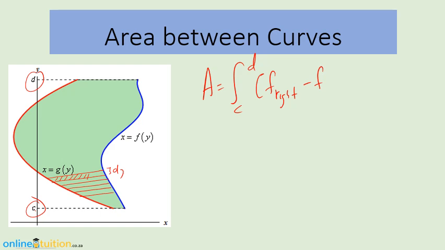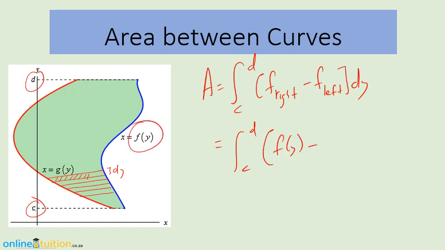F right, which is the blue curve, minus F left dy. So in this case, it's the integral from C to D. I'm just going to use the notation here. It's f of y minus g of y dy. And that's how you work out the area if you are partitioning horizontally. And for some curves, this is very, very important, as is the case with the next example.